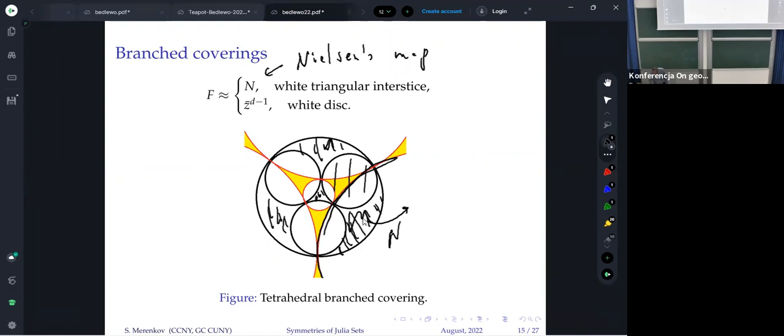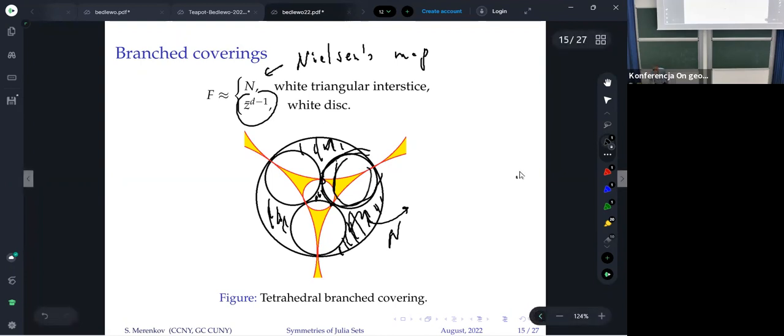We define it there using the z bar to the d minus 1 map. So what is d here? d is the number of triangular interstices on the corresponding disk. In this case, d equals 3. So on this disk, we define it essentially as z bar squared.